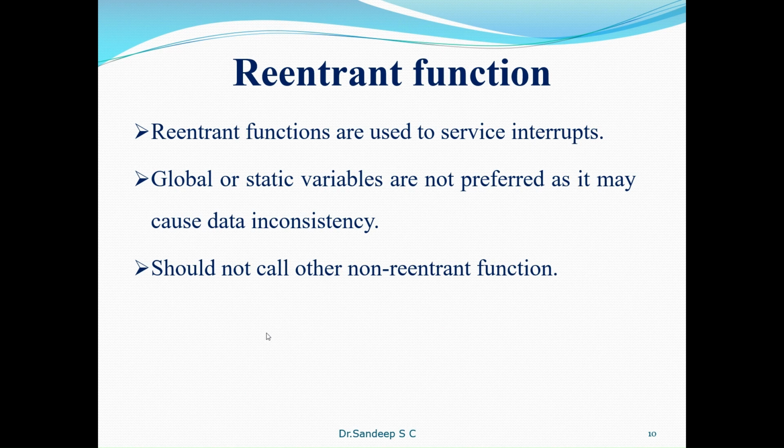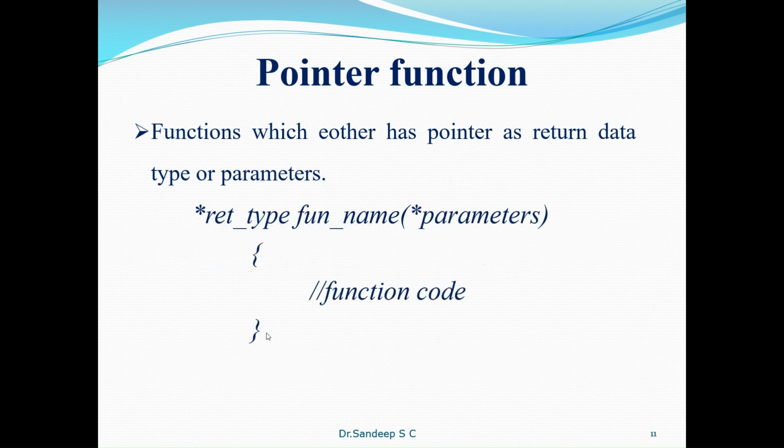But if there is a global variable, then data inconsistency can happen in such situations. So global and static variables are avoided. And a reentrant function should not call any non-reentrant functions. A reentrant function can call other reentrant functions, but it cannot call non-reentrant functions. Okay, these are the conditions to define reentrant functions.